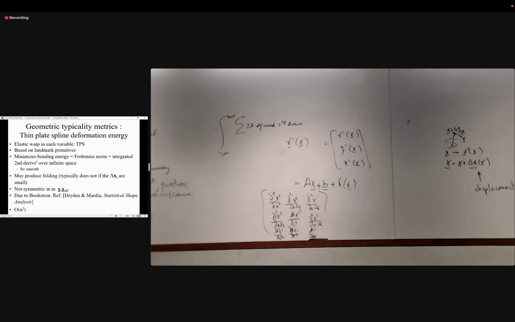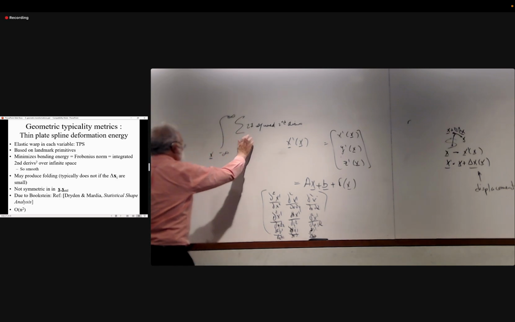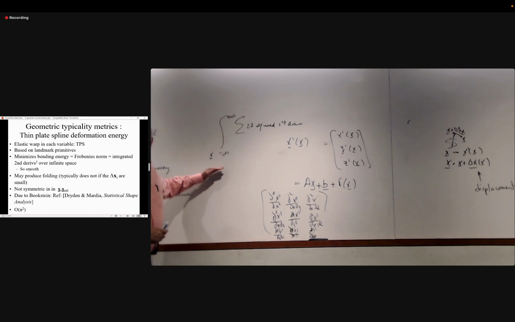And now we're going to integrate over all x, all y, all z, the whole infinite space. So strictly speaking, this sum is the Frobenius norm at a point, and this is the integrated Frobenius norm, integrated over all of space. And we're going to let that be our bending energy.